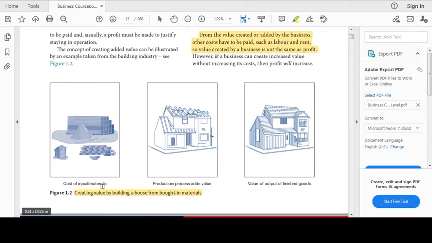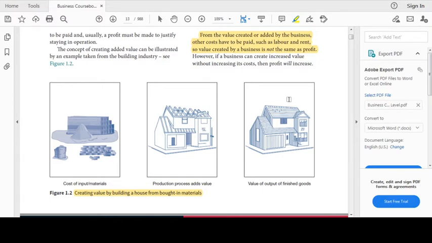Cost of input materials: you got bricks, sand, cement, wood. Obviously the price for these things would not be very high. It would cost you something, but not as much as the finished product. You use these resources you purchased, put in your efforts, use labor, and then this is the finished product.